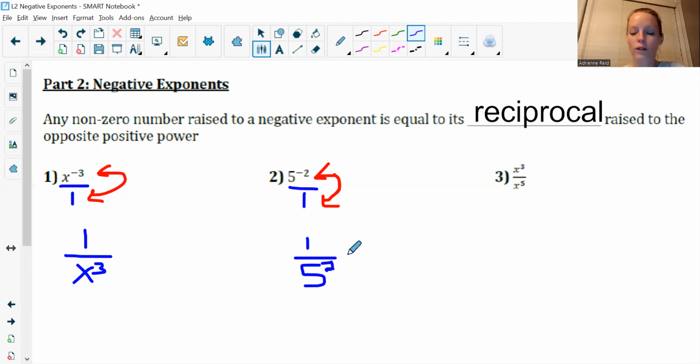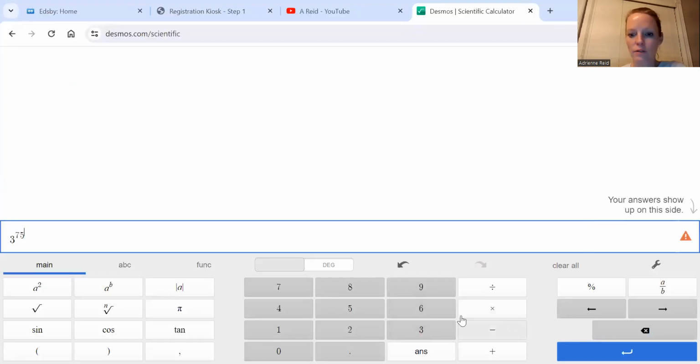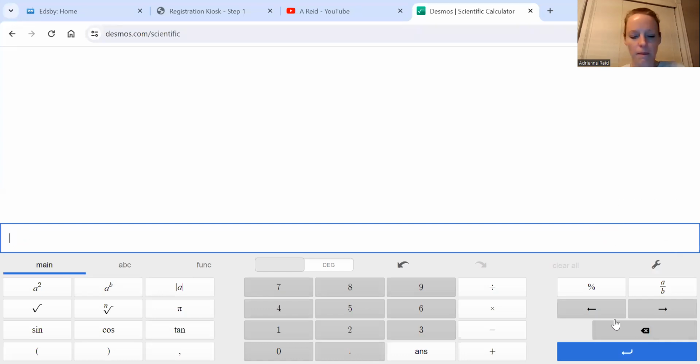which equals 1 over 25 if I actually evaluated it, because 5 squared is 25. If you wanted to double check this answer, grab your calculator and put in 5 to the power of -2.